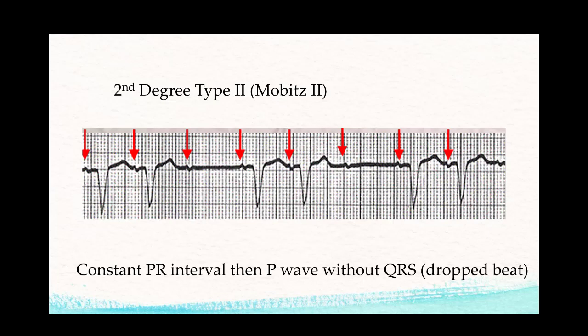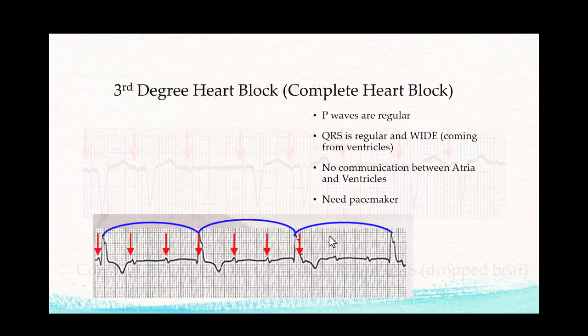If we drop the QRS, that means the blood is not getting pumped from the ventricles to the body. So we're going to start seeing more significant issues from this because it's a higher grade block that we're experiencing.